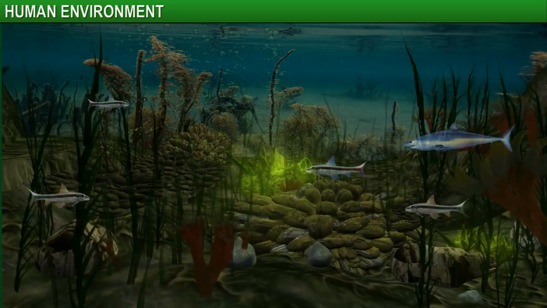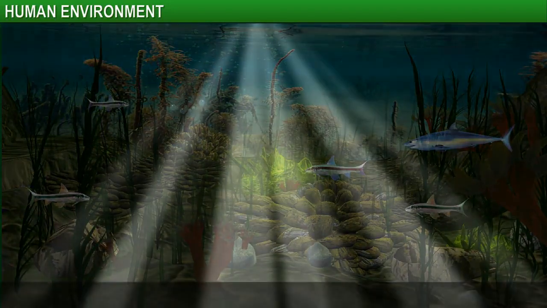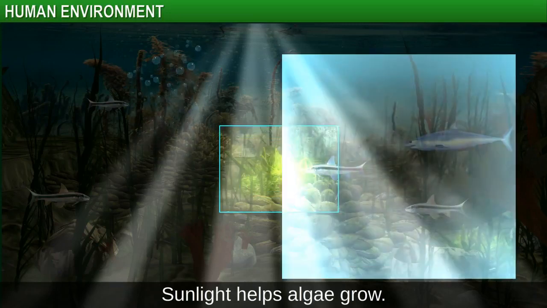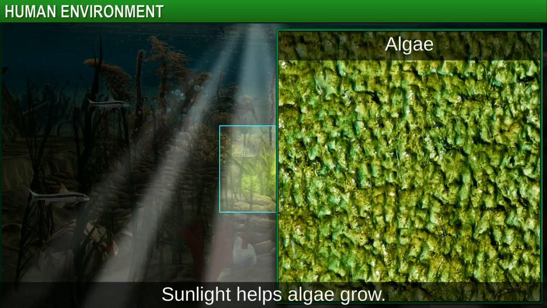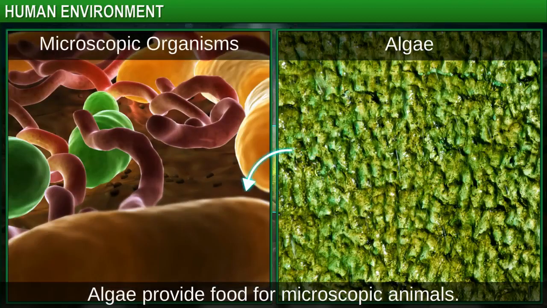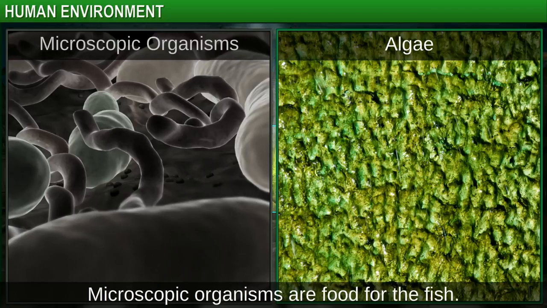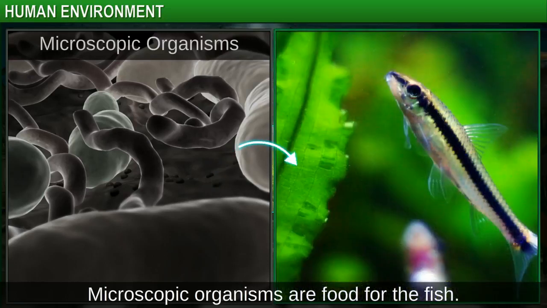In the lake ecosystem, sunlight filters through the water and helps the algae underwater to grow. These algae provide oxygen for the fish and food for the microscopic animals. The microscopic organisms that eat algae are food for the fish in the lake.